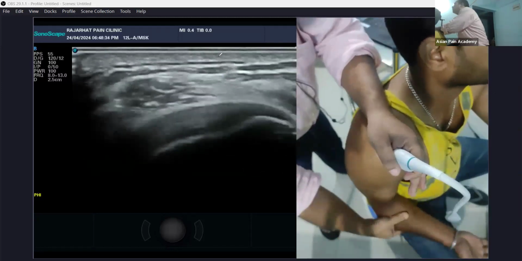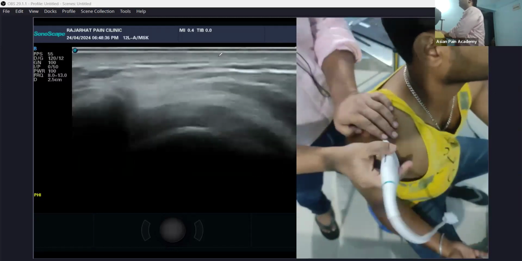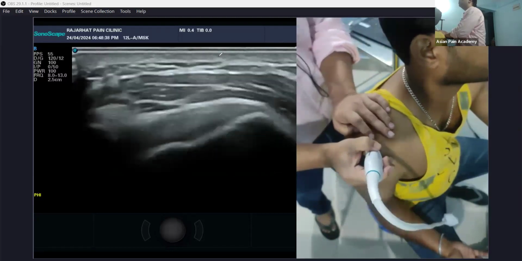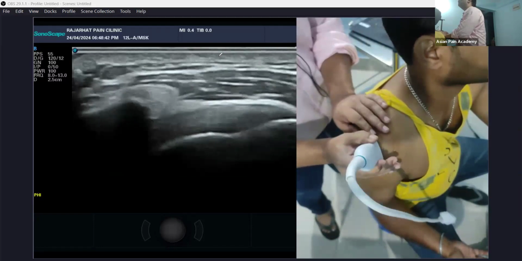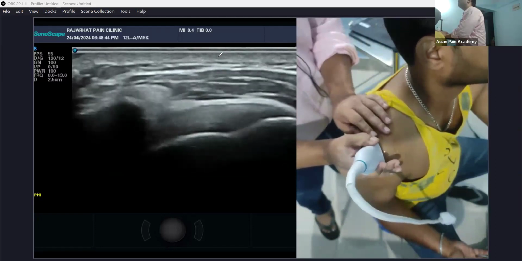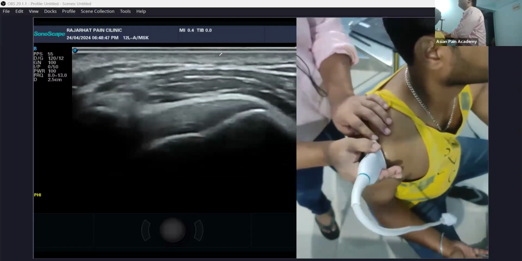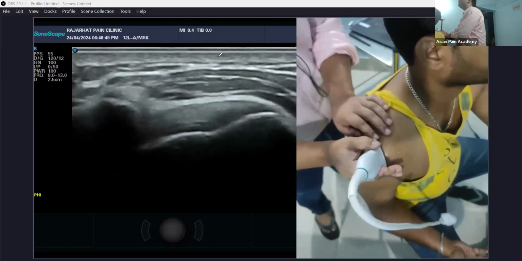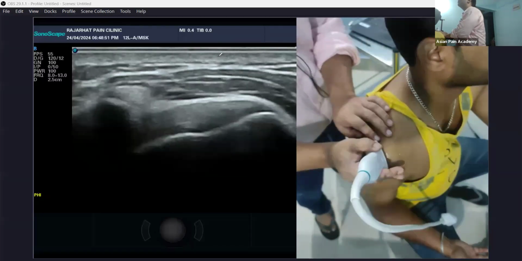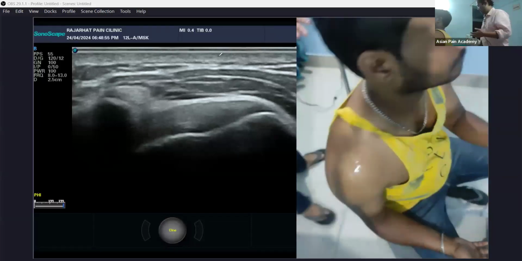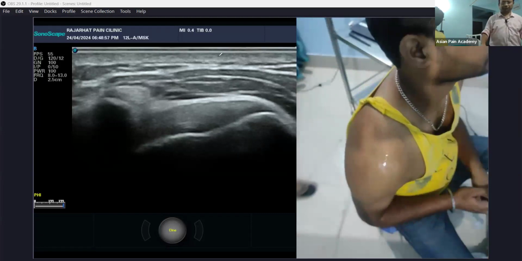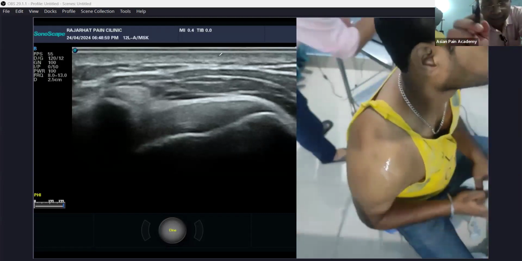Let me bring him in a very neutral position. Okay, freeze. It is not very clean, but still this is where we should see.